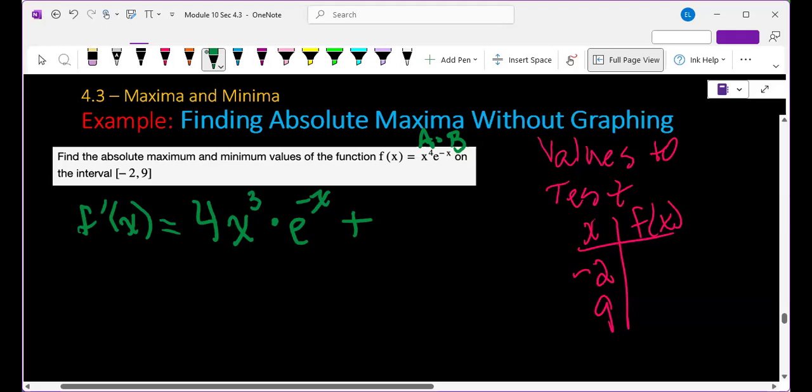plus. Now I keep my A, which is x to the 4th, times, now I'm doing the derivative of e to the -x. Now we know our e is like our best friend because it's the laziest derivative. So it's going to be e to the -x times, our chain rule says we got to come up here and take the derivative of the power. So what's the derivative of -x?